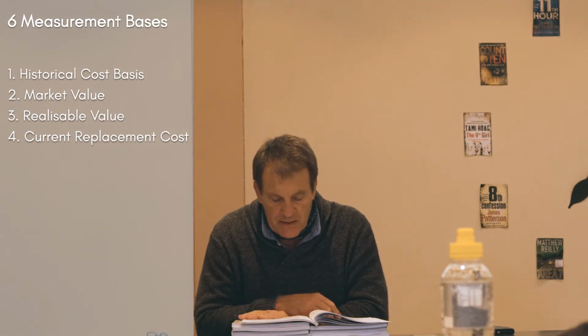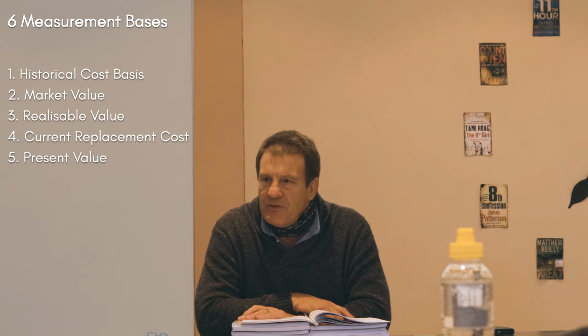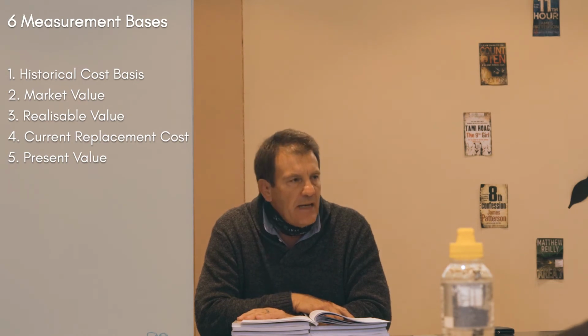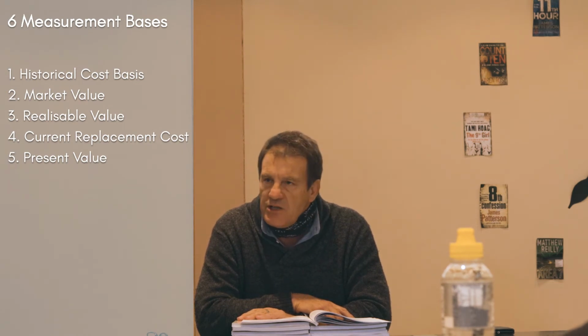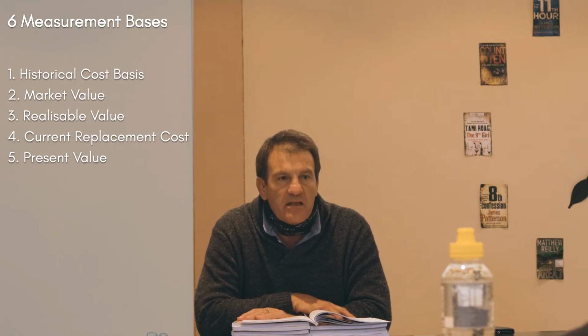The next one, valuation or measurement basis, is called present value. And this is a very difficult one to calculate. It's a cost accounting calculation, management accounting calculation, and what it focuses on is the future cash flows of this specific asset.